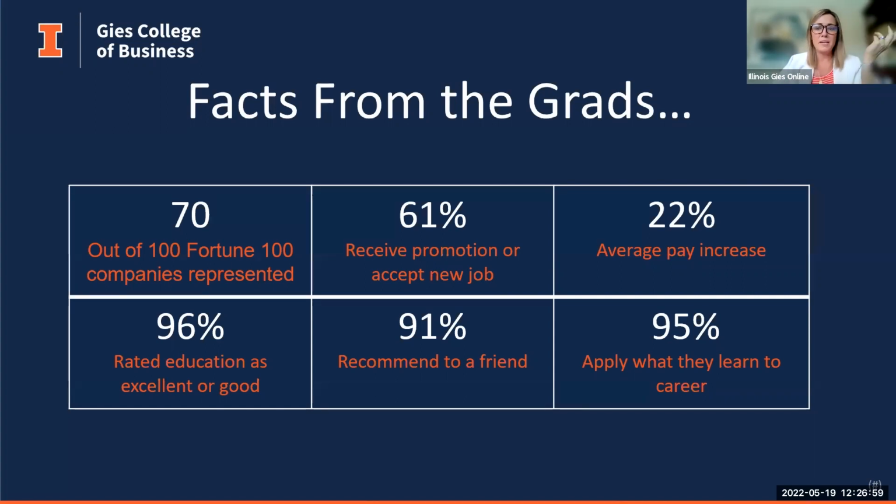And then also at a time when many professionals have come to expect just that 2% raise in a good year, Gies IMBA graduates tell us that they have received an average raise of 22% during and immediately after their IMBA. This is an instant and concrete return on investment that's really hard to match.